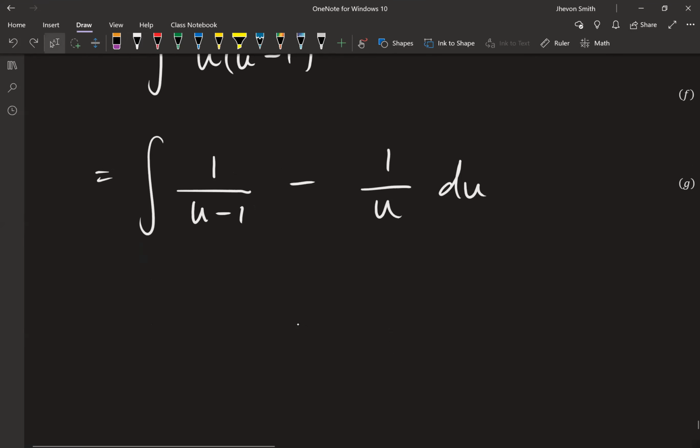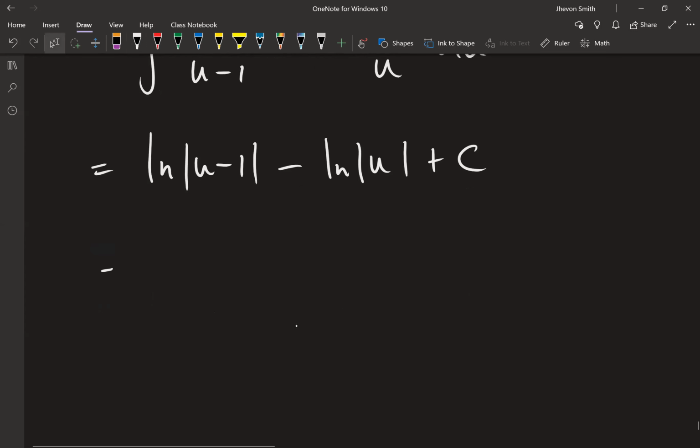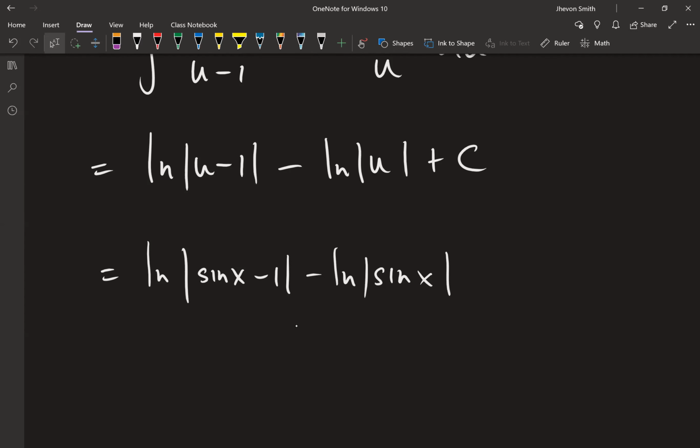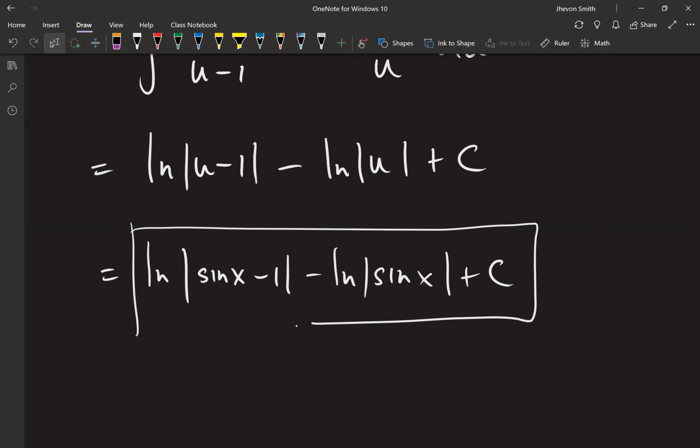And at this point, it's easy to see that the integrals are going to be just logarithms. And now you plug in what the substitution was. We had u equals sine x. And so that is our answer here.